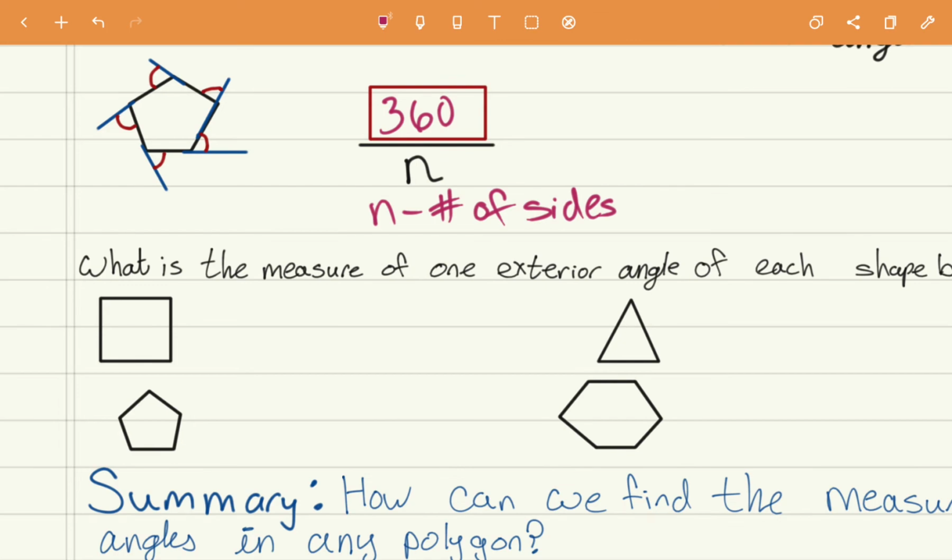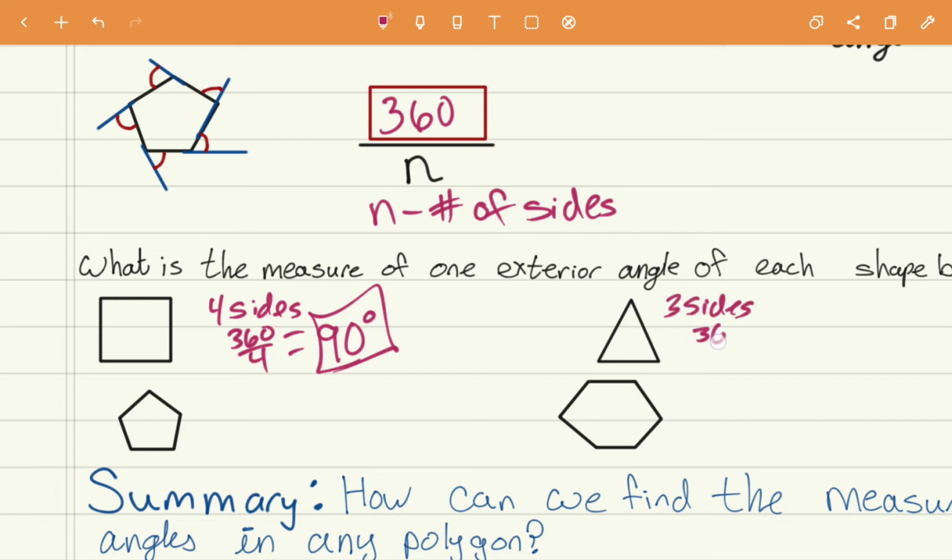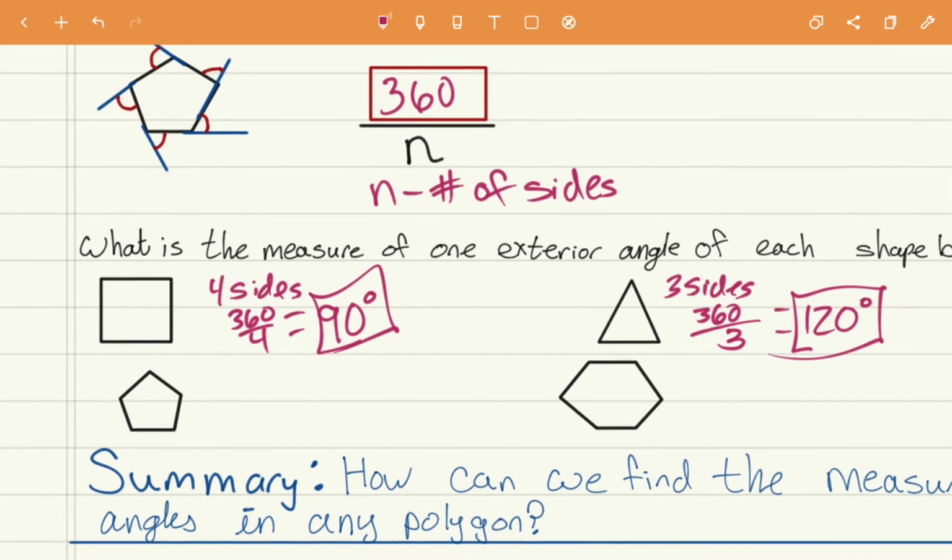So for example, with the square, we have 4 sides. So we do 360 divided by 4. Each exterior angle is 90 degrees. With a triangle, we got 3 sides. So 360 divided by 3 equals 120 degrees. Okay, try the next two on your own.